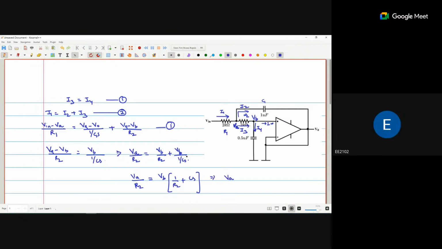This implies VA is equal to (1 plus R2Cs) times VB. I just multiplied this through. So this is the value of VA. Now we use this value in equation number 1 for simplification.